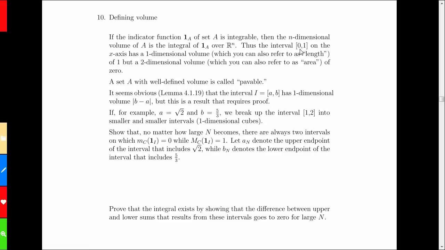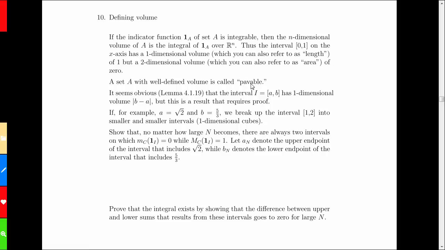So we can say that the interval that extends along the x-axis from 0 to 1 has a one-dimensional volume of 1. Incidentally, it has a two-dimensional volume of 0 because I can enclose it entirely in a set of squares that have as small a combined volume as I like.